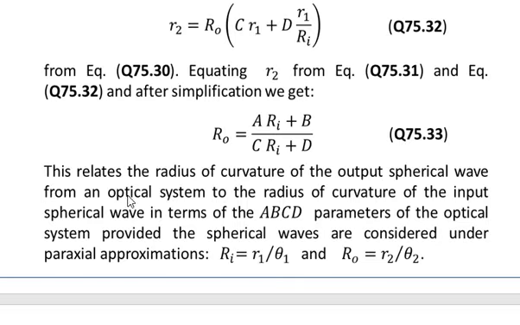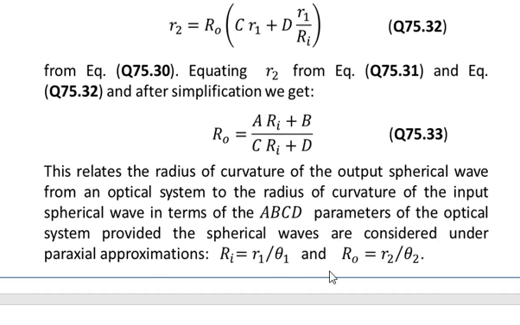And this relates the radius of curvature of the output spherical wave from an optical system to the radius of curvature of the input spherical wave in terms of the ABCD parameters of the optical system, provided the spherical waves are considered under the paraxial approximation.